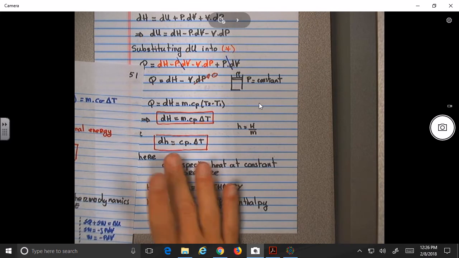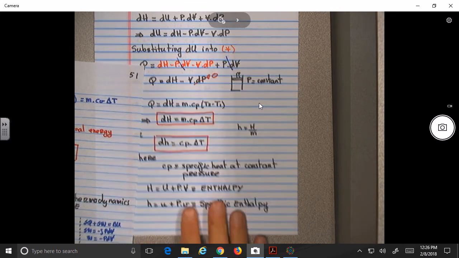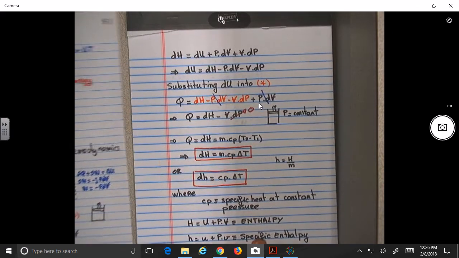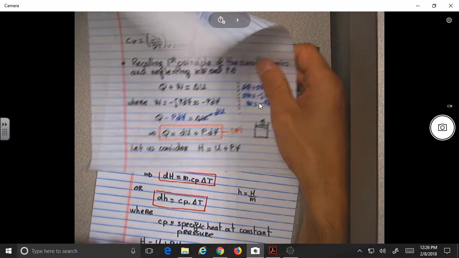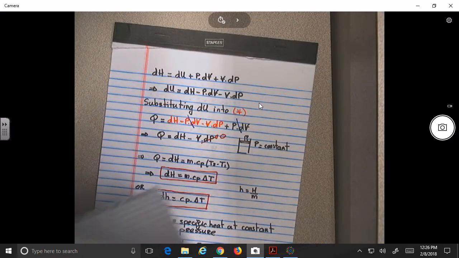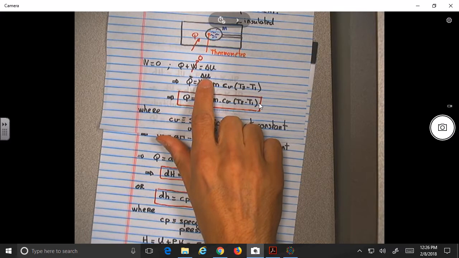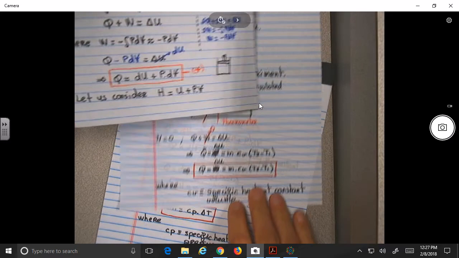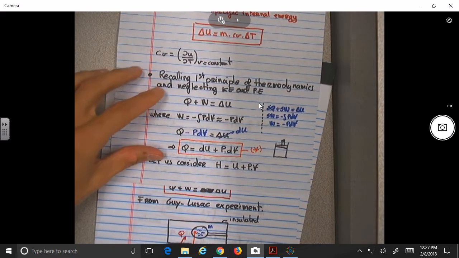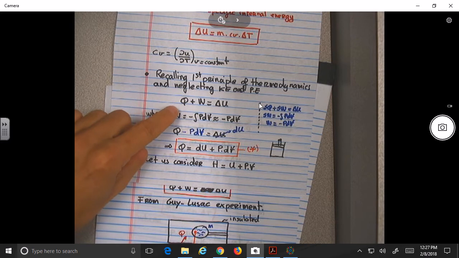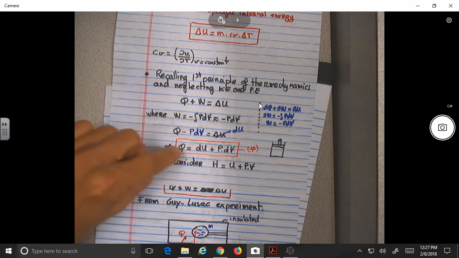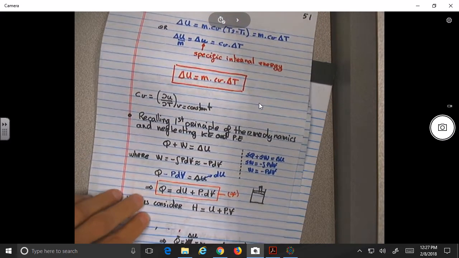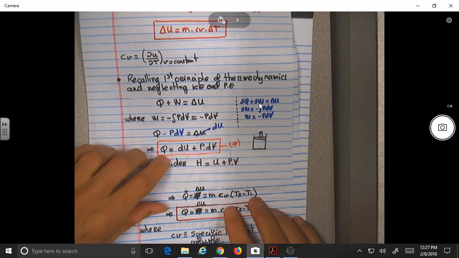But actually, you can also use enthalpy for a closed system. So let's see, if you look at the two equations, the one we used initially, here Q equals delta U, equals Cv dT, and here Q equals dU plus P dV.